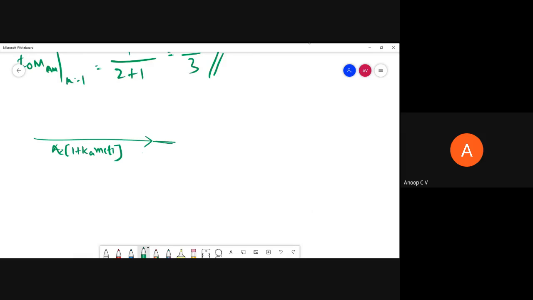The noise is negligible. That's what we have assumed, so that the angle between the resultant and the message was negligible, so that we could approximate y of t to be equal to Ac into 1 plus ka m of t plus ni of t.